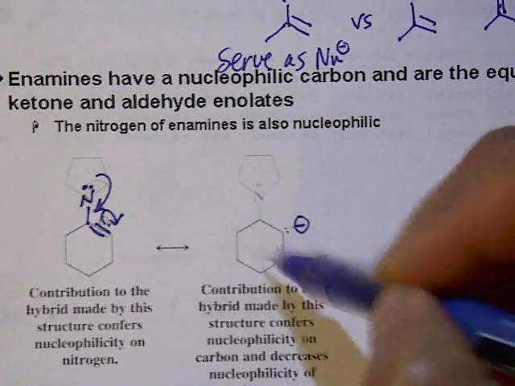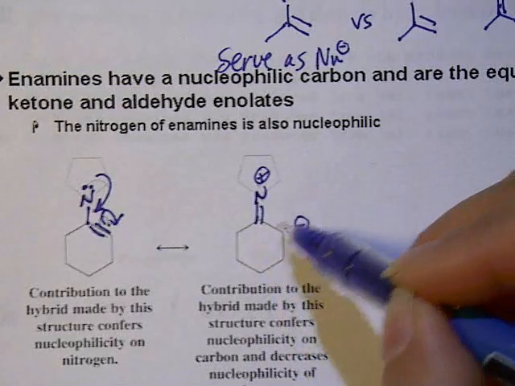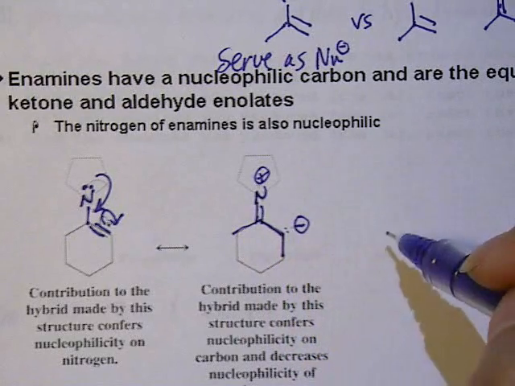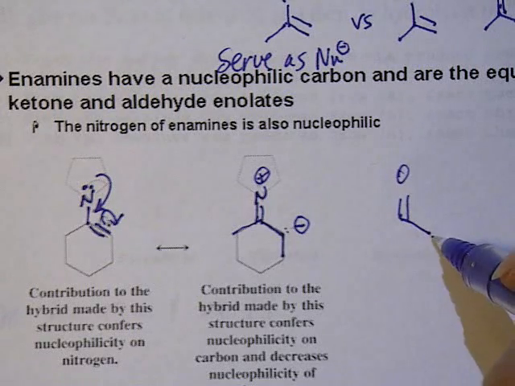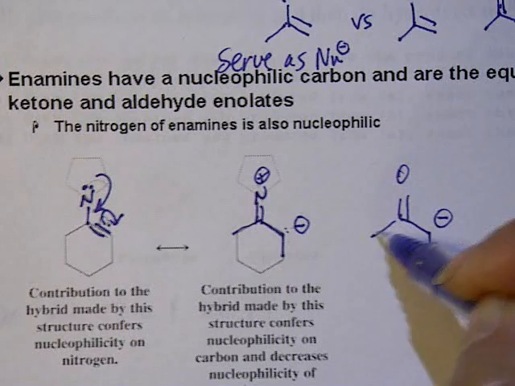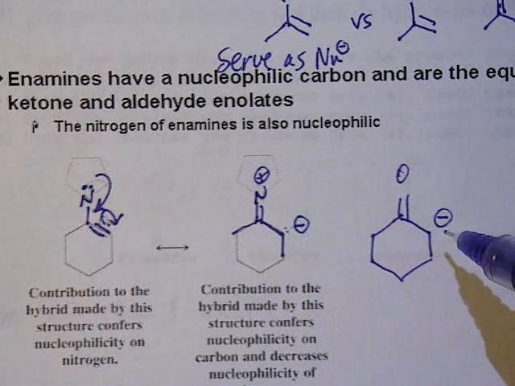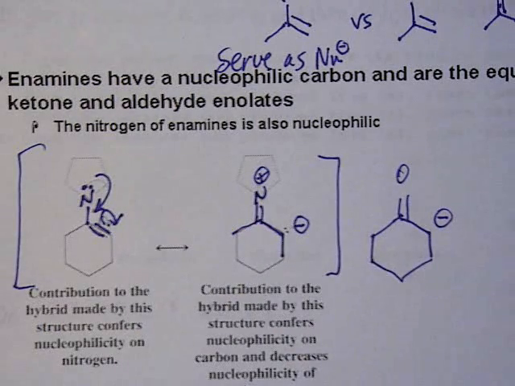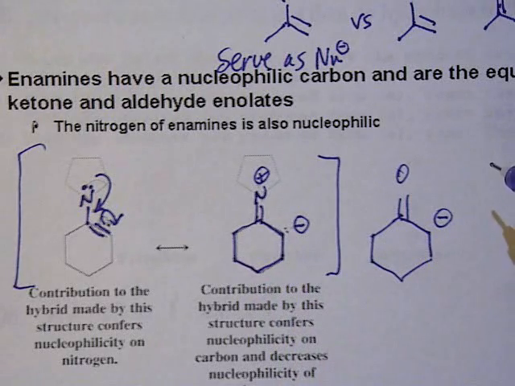And here you're making an ammonium salt. So notice this now versus enolate, which would look like this, right, if it was the same compound. So notice how this resonance structure of the enamine looks very much like the enolate and the enol.